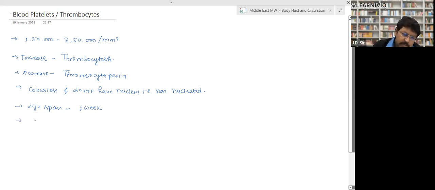One last point. Formation of platelets takes place from megakaryocytes of bone marrow.